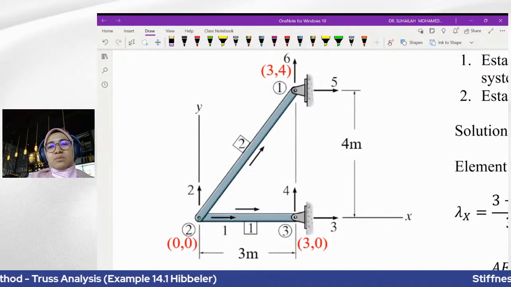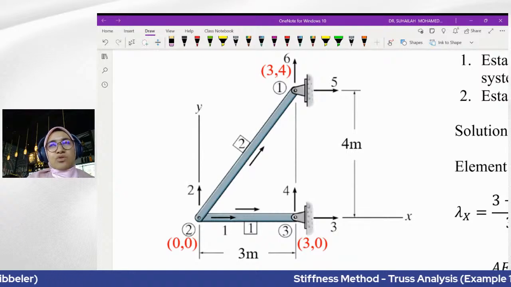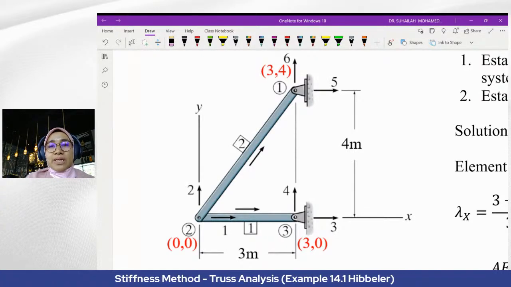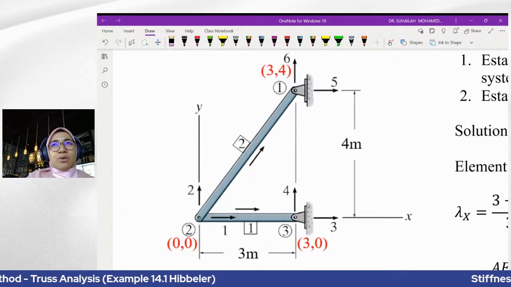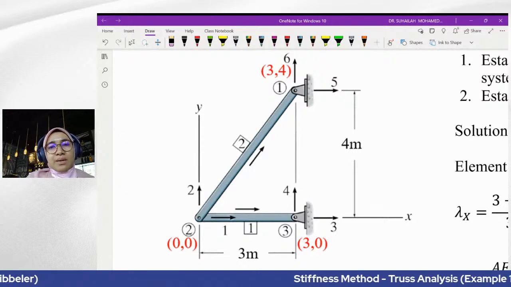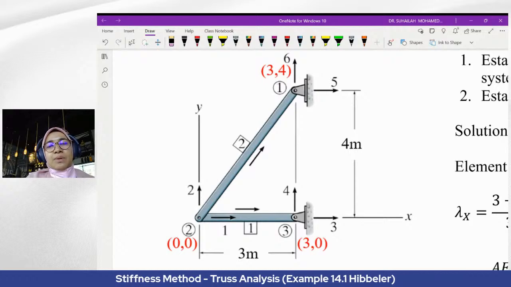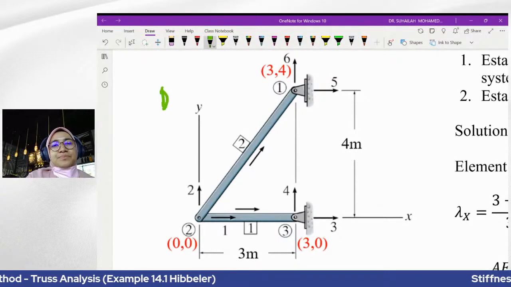The arrow is important because from the arrow we can identify which node becomes near end and which becomes far end. Then the coordinate: we choose one node as origin, and we label the other coordinates based on the origin we have chosen. Okay, number 5, the most important part, is degree of freedom.